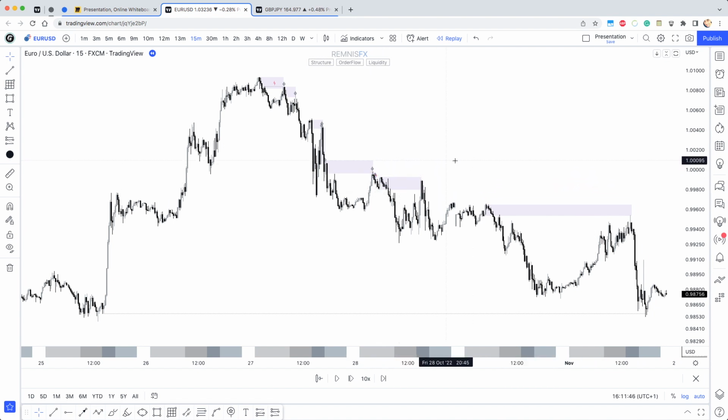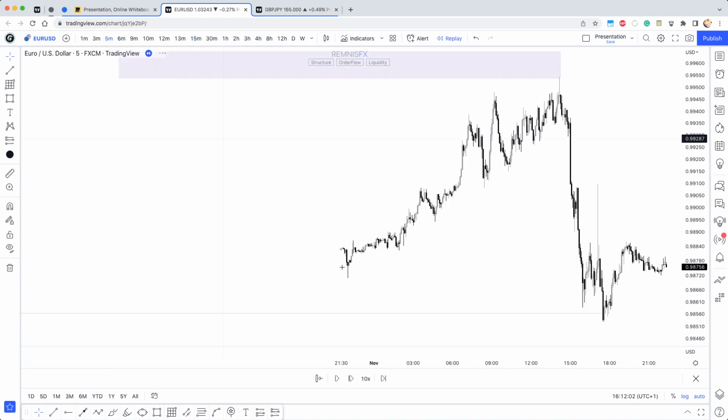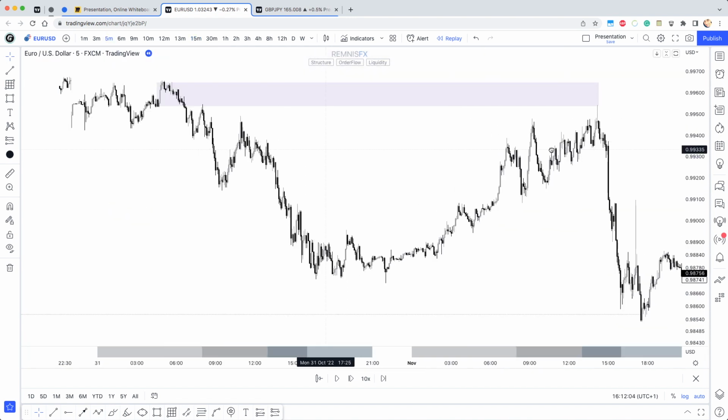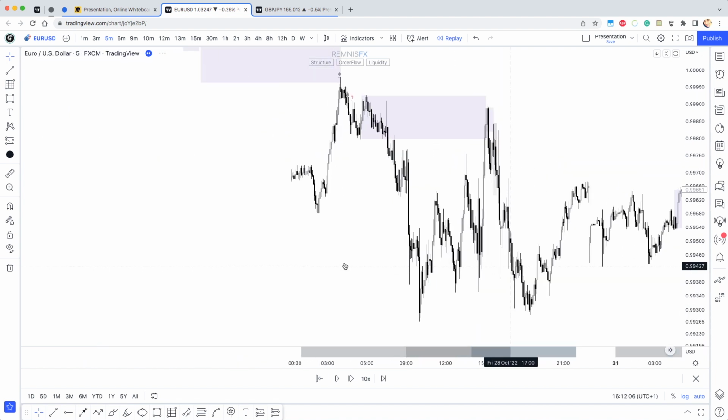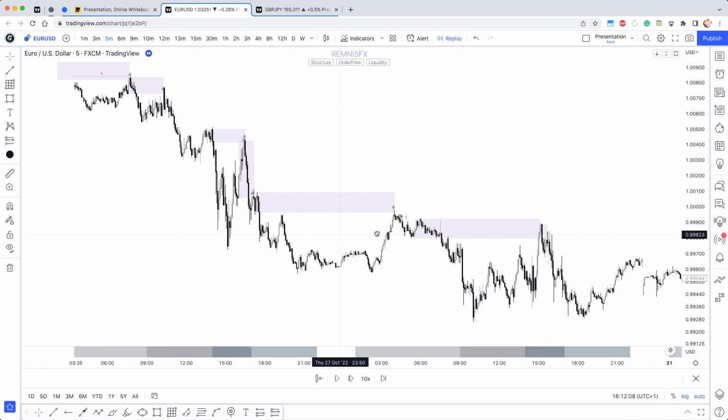But don't focus on your entries at first, right? Just try to recognize order flow, and if you mark out things like this, just go a time frame lower, like I did, and just watch what happens within those areas.